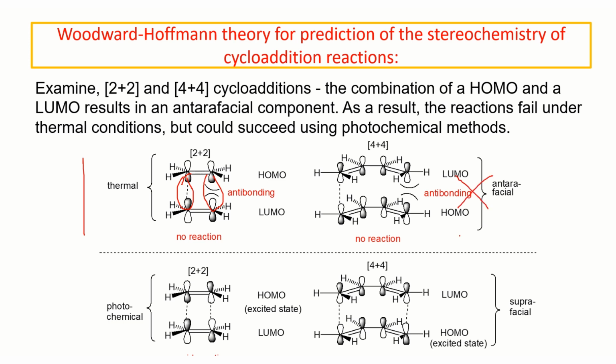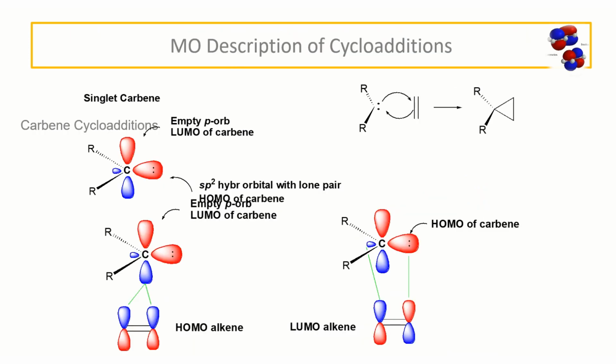But on excitation, the HOMO of the diene will react with the ground state LUMO of the diene. And the same thing here: the HOMO of the excited state ethylene reacts with the LUMO of ground state ethylene.